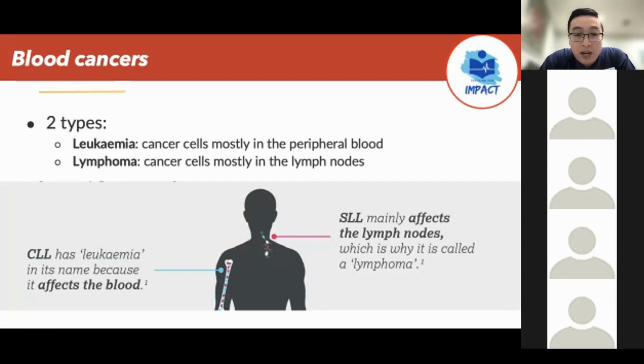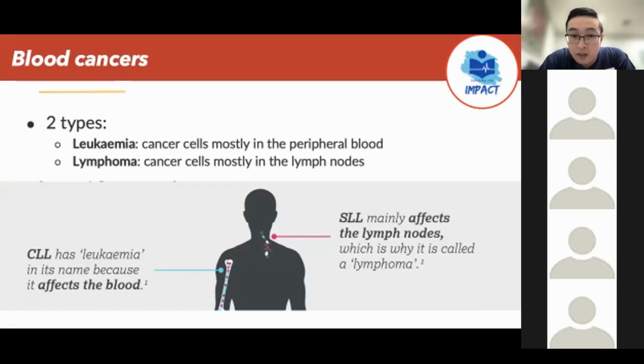An example would be chronic lymphocytic leukemia, or CLL, which is a cancer arising from mature B cells. If most of the neoplastic B cells are in the peripheral blood, then we call it CLL. But if most of the neoplastic B cells are in the lymph nodes, then we call it a different name: small lymphocytic lymphoma, or SLL. But they're one and the same disease. It's the same cell giving rise to the cancer.